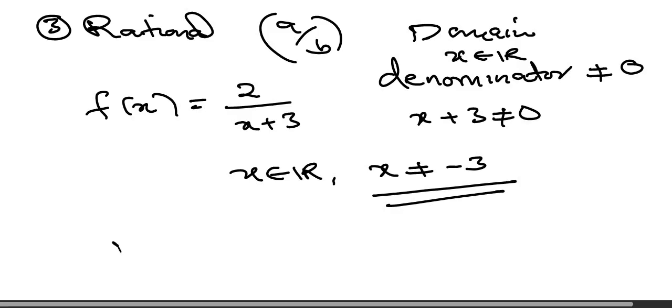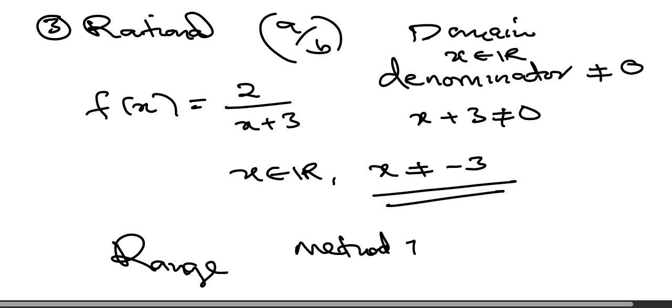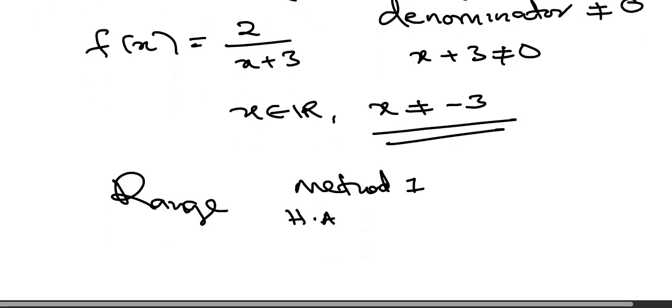And to find the range, we said there are two methods. Method 1, you can just get what we call the horizontal asymptote. The horizontal asymptote in this case is simply the coefficient of x on top, since there is nothing.